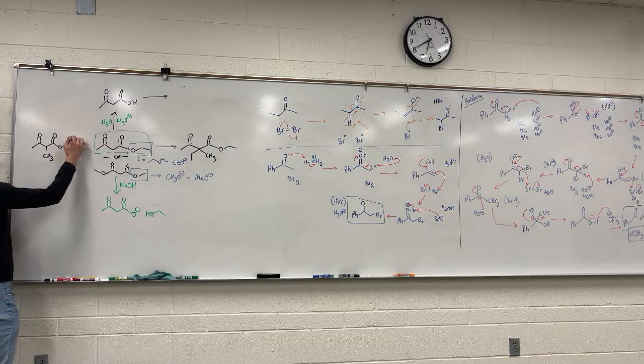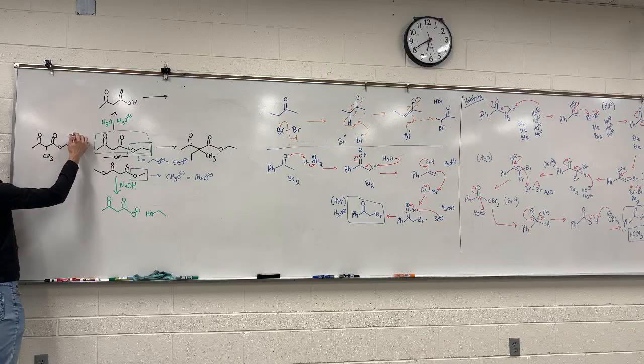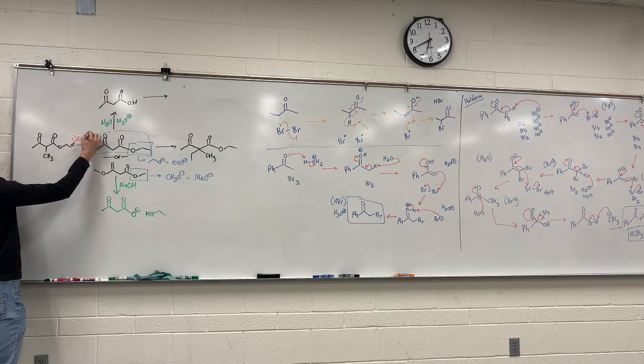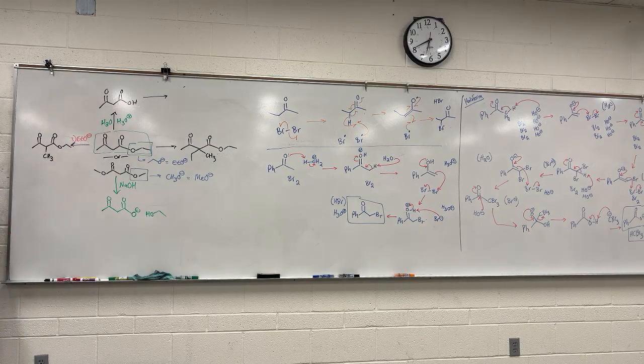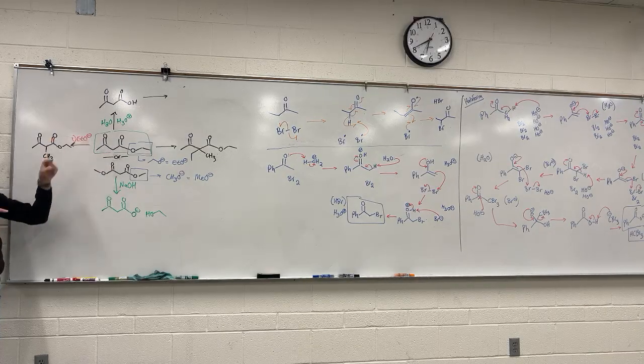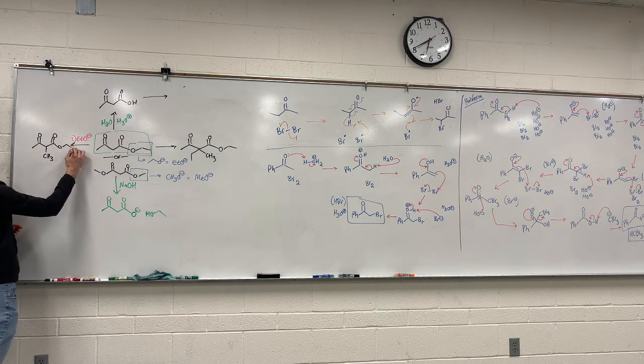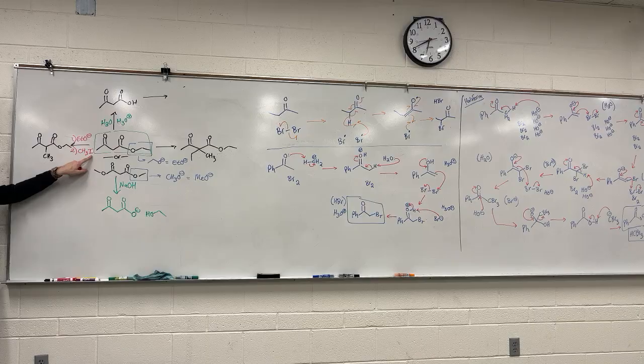So first, I'll introduce something like ethoxide, which will react with my carbonyl carbon and make a nucleophile. And then I'll introduce an electrophile with a good leaving group: methyl iodide, methyl bromide, methyl chloride.